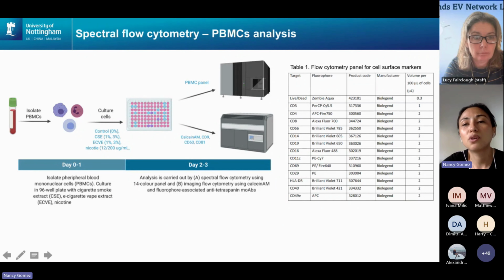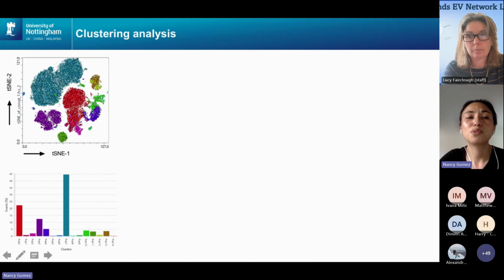So I did some manual gating, but just in the interest of time, I'm only going to show the clustering analysis, which is a more objective or non-biased form of doing the analysis. And here we can see with the tSNE plot, we were able to identify 15 meta-clusters doing this clustering analysis.